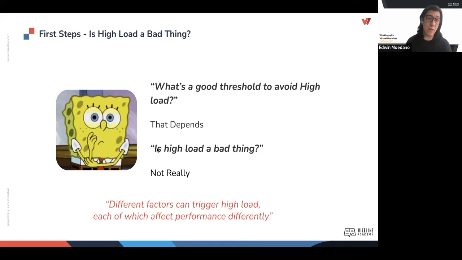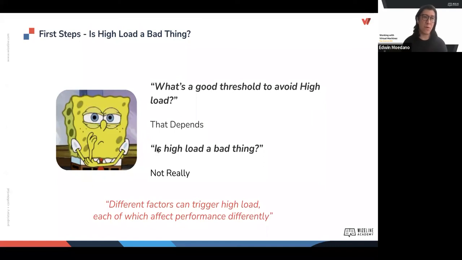Is high load a bad thing? Not really. Sometimes we need a server working hard, because some things need to be cached in order to respond faster. Let's say you're opening a file, and the first time you open the program and the file, the server gets a little bit slow, but then suddenly everything is cached, everything is up and running, and maybe a high load is not a bad thing.